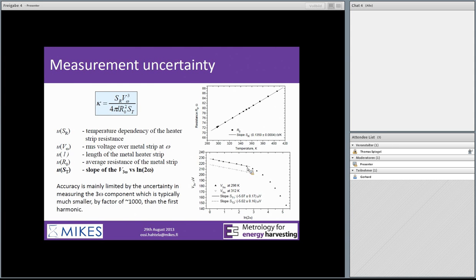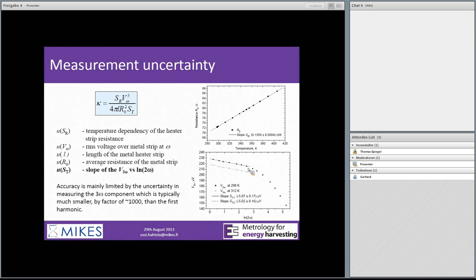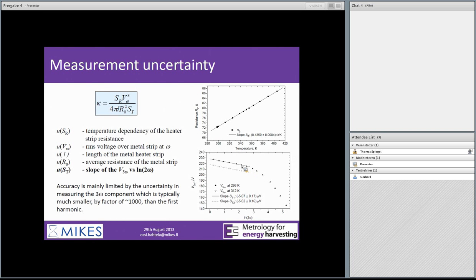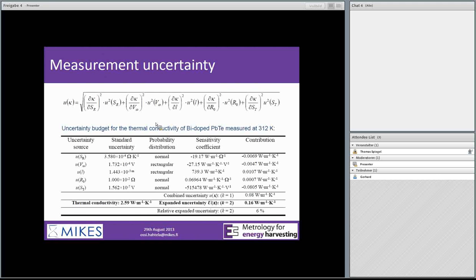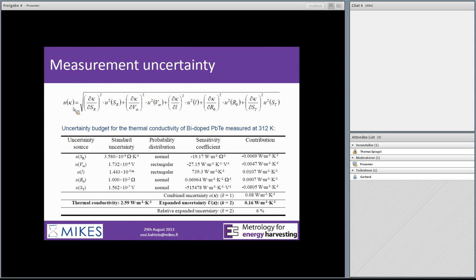The linear regression fit of this data gives the largest uncertainty component for the measurement of the thermal conductivity in this case. These parameters are uncorrelated, so we can use this kind of equation for determining the combined uncertainty for the thermal conductivity measurement.